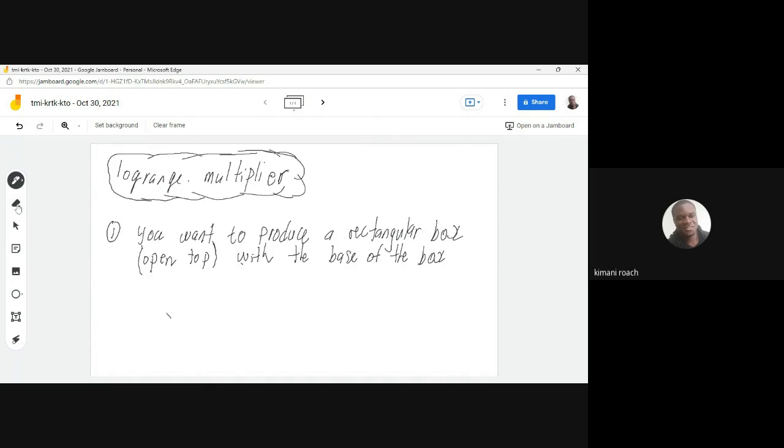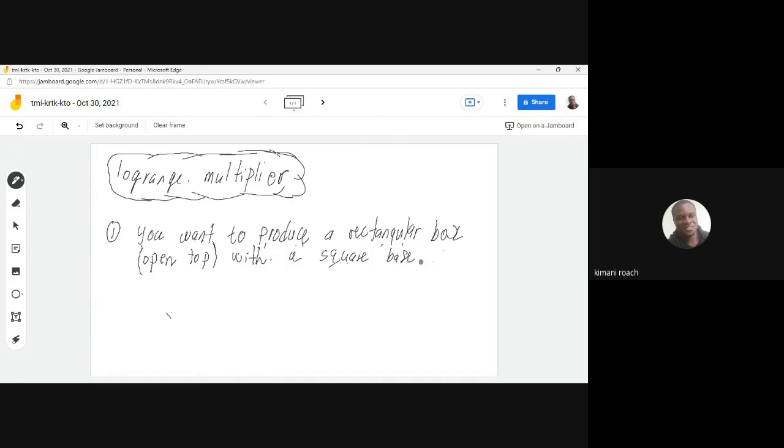So we want to create an open top rectangular box with a square base. All right, so the base of the box is going to be a square.